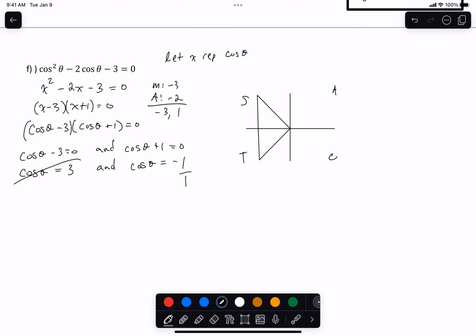Well, how do I do that? Let's just put on some side lengths here. This is going to be -1. This is going to be 1, and that's going to be, oh sorry, -1. And that's +1.